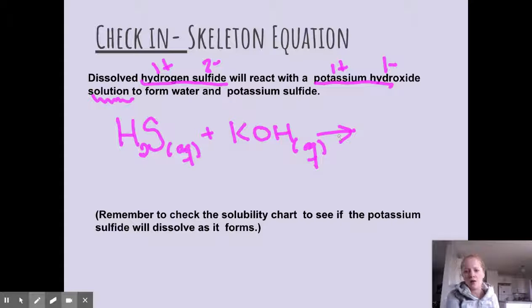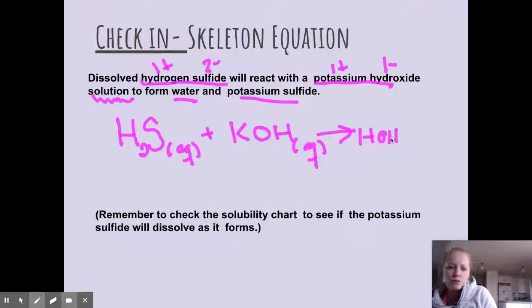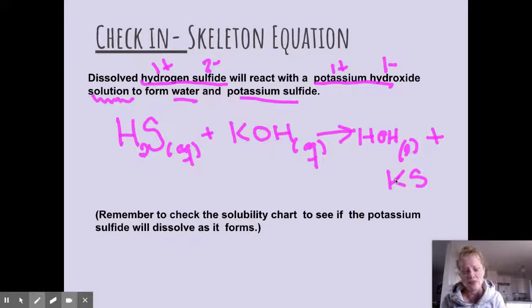So our products, it says to form water and potassium sulfide. Water is HOH, and that is liquid. Plus potassium sulfide. So we have K and we have S for sulfide, except that's not a balanced compound.